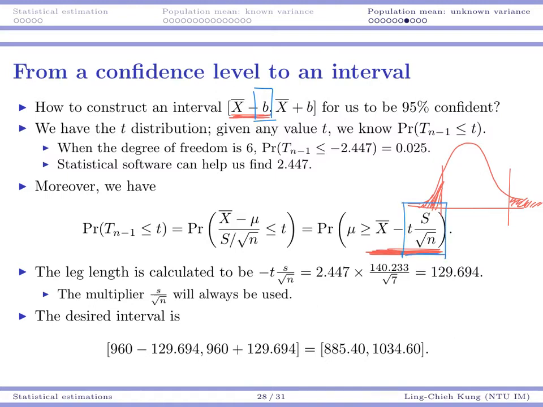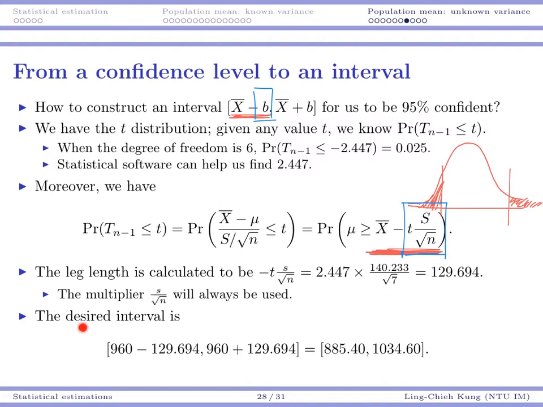So my lag length can be calculated according to this formula. As long as I have t, as long as I have s, as long as I have n, I can plug in all of them to get this particular thing. And I get around 130 to be the lag length of my 95% interval.